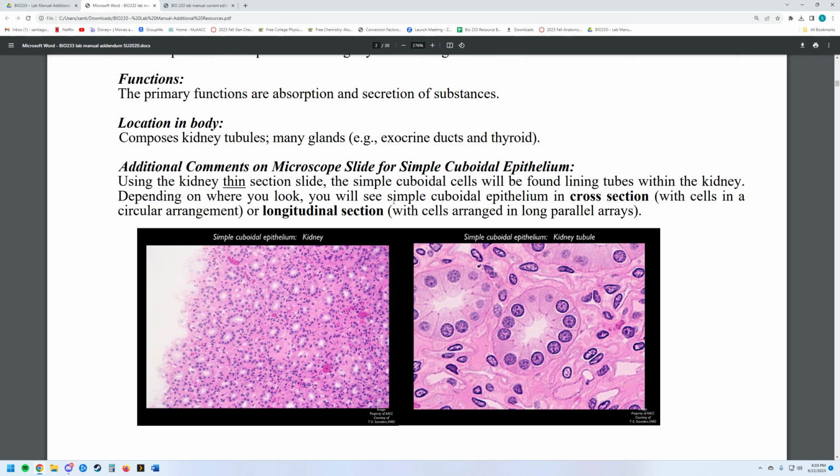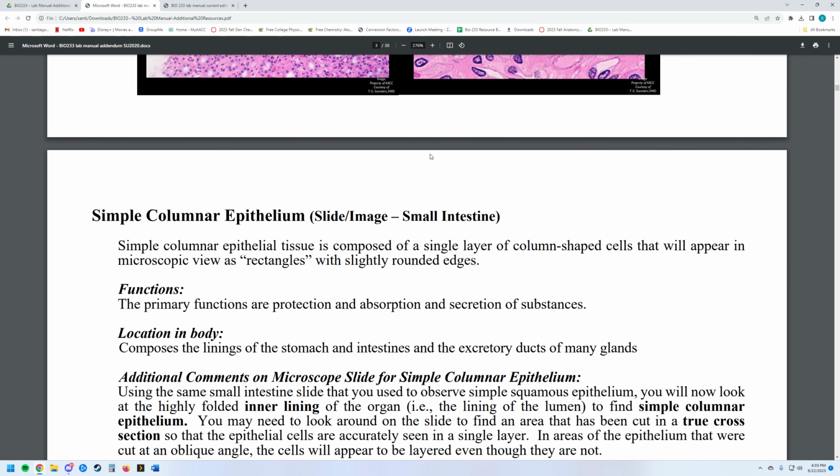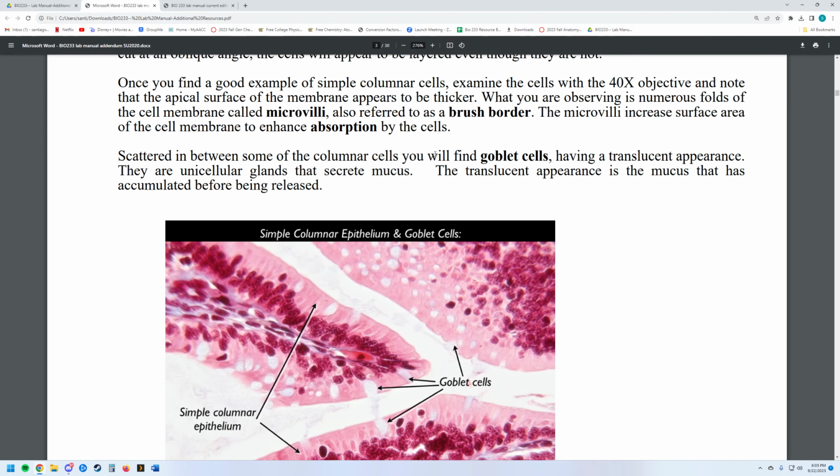Depending on where you look, you will see simple cuboidal epithelium in cross section with cells in a circular arrangement, or longitudinal section with cells arranged in long parallel arrays. So that's just how we're looking at them, I think, is what it's trying to tell me here.